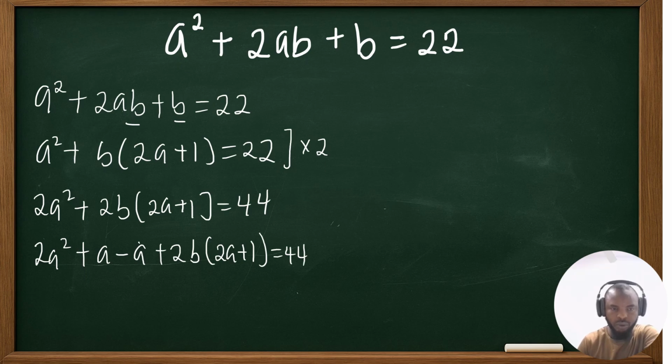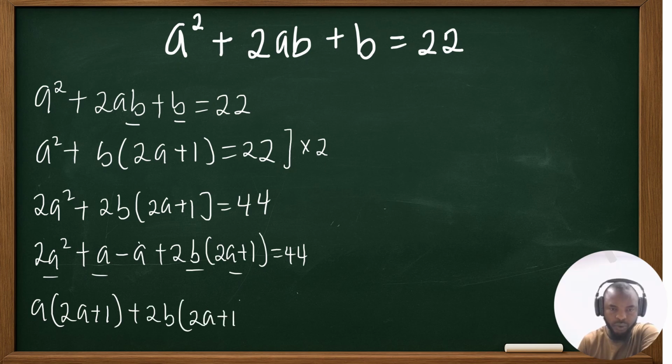If you look at these two, they can possibly cancel out, whereby you have the previous equation back. So I intentionally introduced those terms just to factorize. Looking at these two terms, you can factor out a, and in the parentheses you're going to be left with 2a plus 1. Here we have plus 2b into parentheses 2a plus 1, and this negative a can be written here, equals 44.